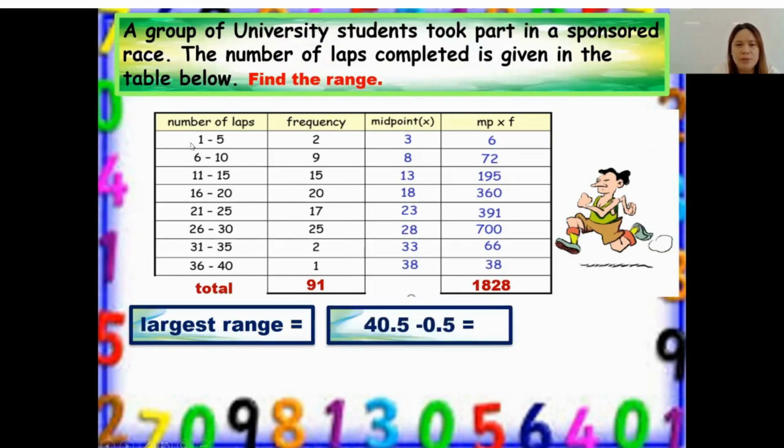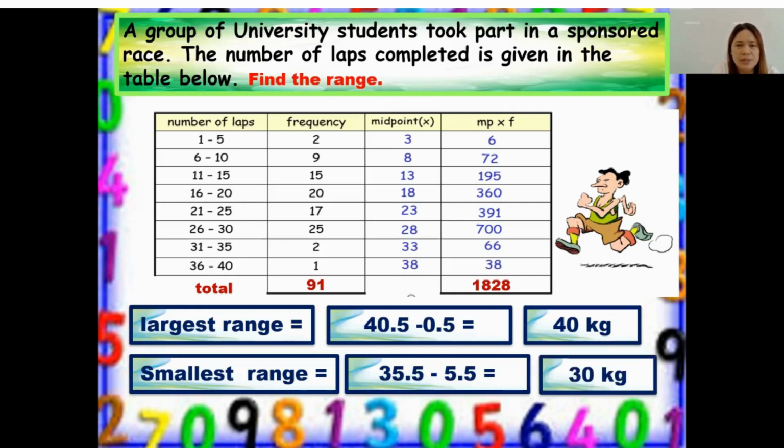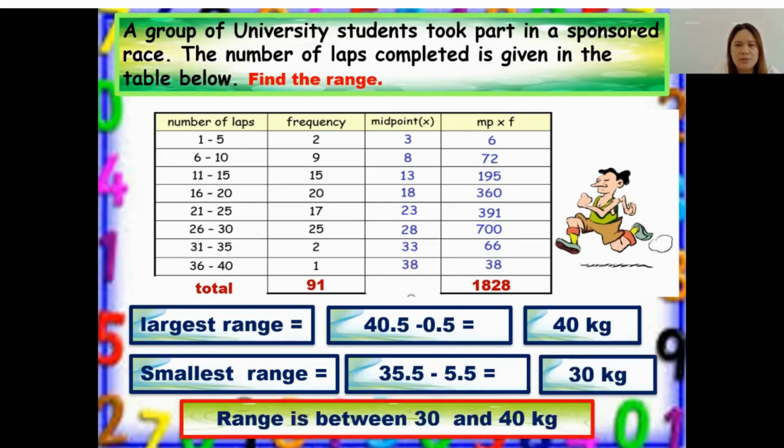So we have 40.5 minus 0.5. That gives you 40 kilograms. And for the smallest possible range, we have here 35.5 and here 5.5. So we are going to subtract 35.5 minus 5.5. So that is 30 kilograms. So the range is between 30 and 40 kilograms.